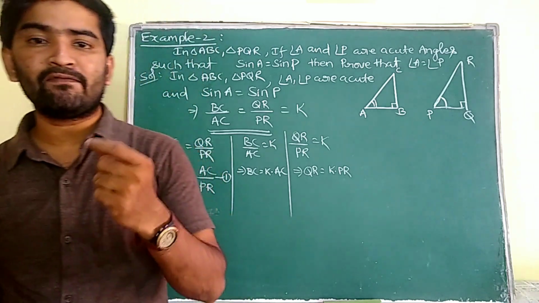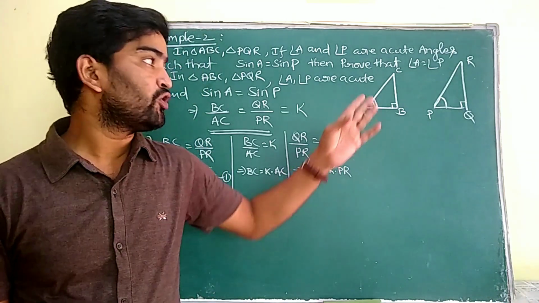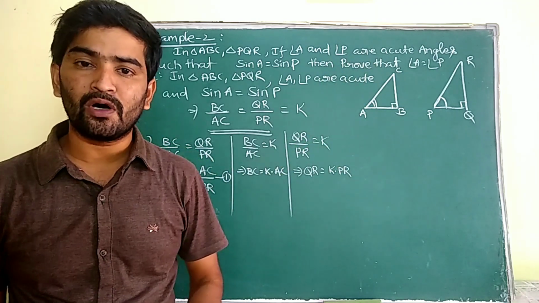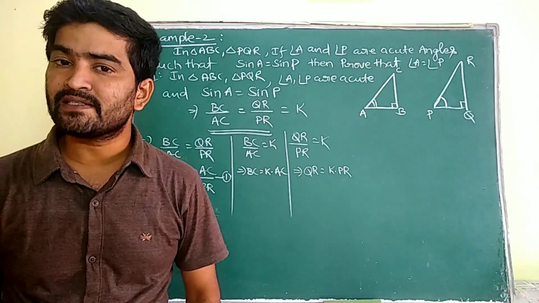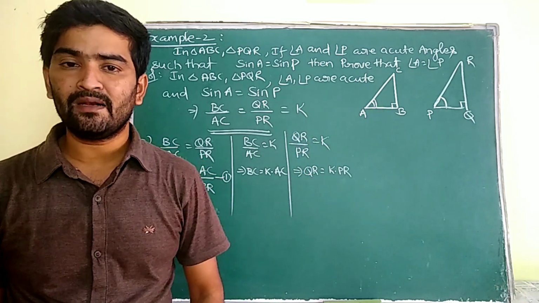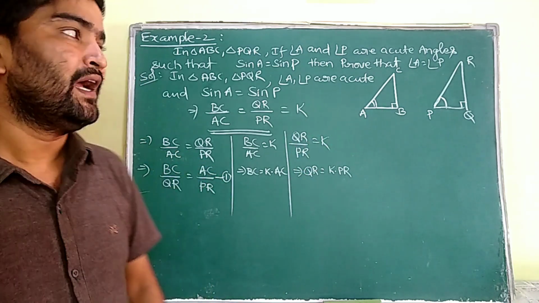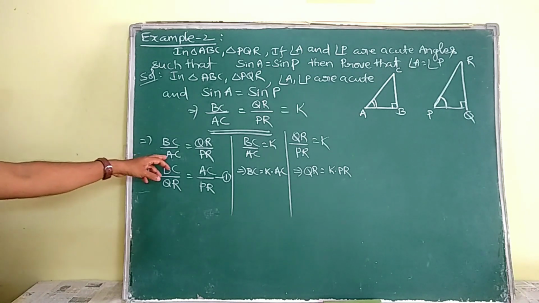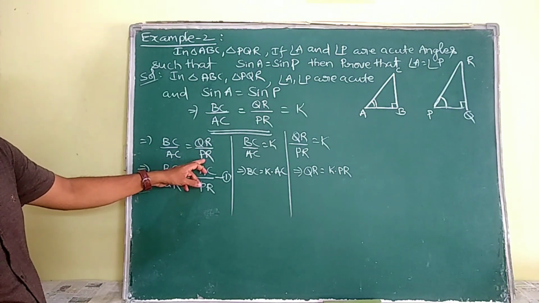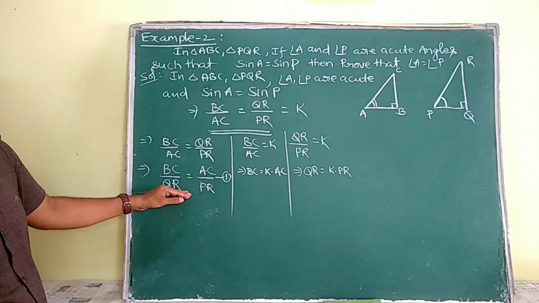So I have only one way: if I prove that triangle ABC is similar to triangle PQR, then the corresponding angles are equal. So then angle A is equal to angle P. For that, I am going to rearrange BC by AC is equal to QR by PR into the ratio of the corresponding sides.